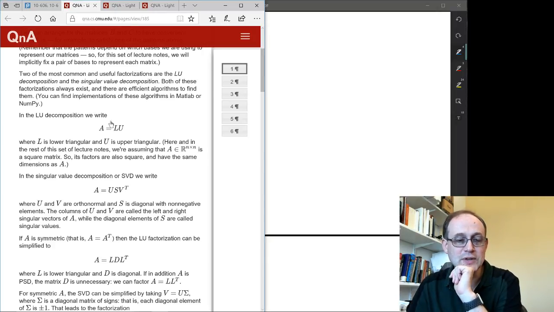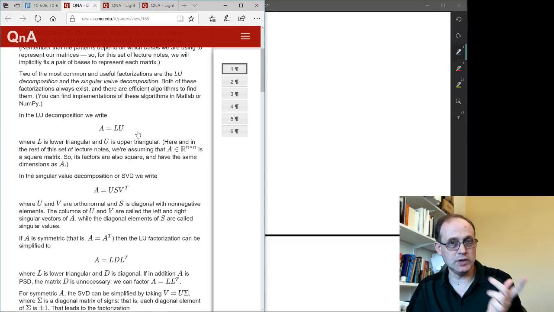All right, so in LU decomposition, we represent a matrix A as a product of two matrices L and U, where L is lower triangular and U is upper triangular. I should point out that A here, we're assuming it's a square matrix, and its factors are also square, so everything is n by n here. You can use these factorizations to deal with non-square matrices.